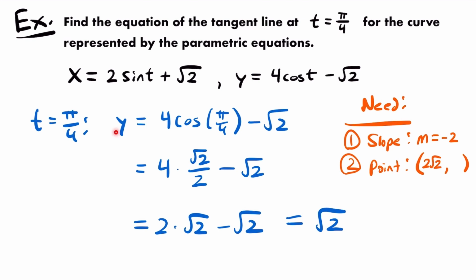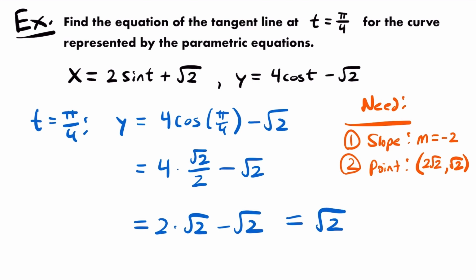All right, and so y is equal to the square root of 2 for that value of t. And so that's going to be the y-coordinate for our point. So I'll write that in. We will have the square root of 2 as our y-coordinate. And now we have the full coordinate point at the value of t for the curve represented by these parametric equations. It's 2 times the square root of 2, comma, the square root of 2.